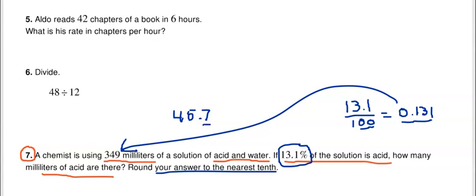Since the next number after the 7 is 4, 3, 2, or 1, any number below 5 keeps it at 7. So again, just take the percent, change it to a decimal, and then multiply it by the amount. So 13.1% of that is 45.7 milliliters of acid, and all the rest is the water. So that's it for number 7.